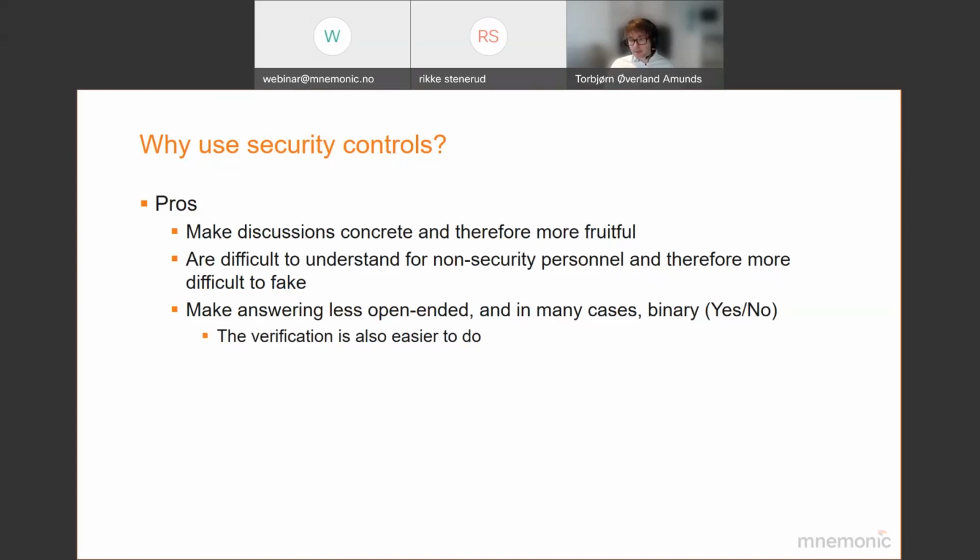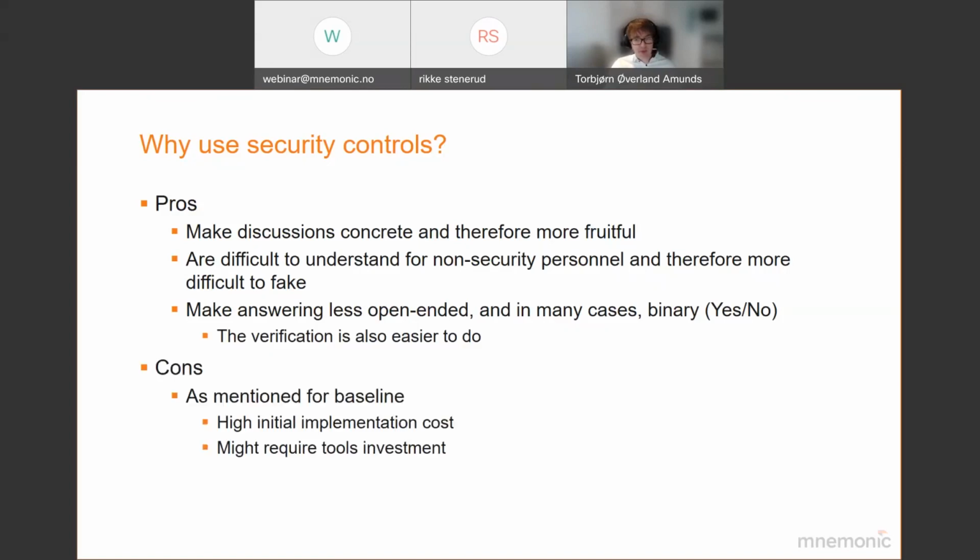And then, of course, same as with baselines, there are some negative sides to this, or challenges, if you call them that. The same as for the baseline itself. A baseline has a high implementation cost, and using security controls definitely adds to that.